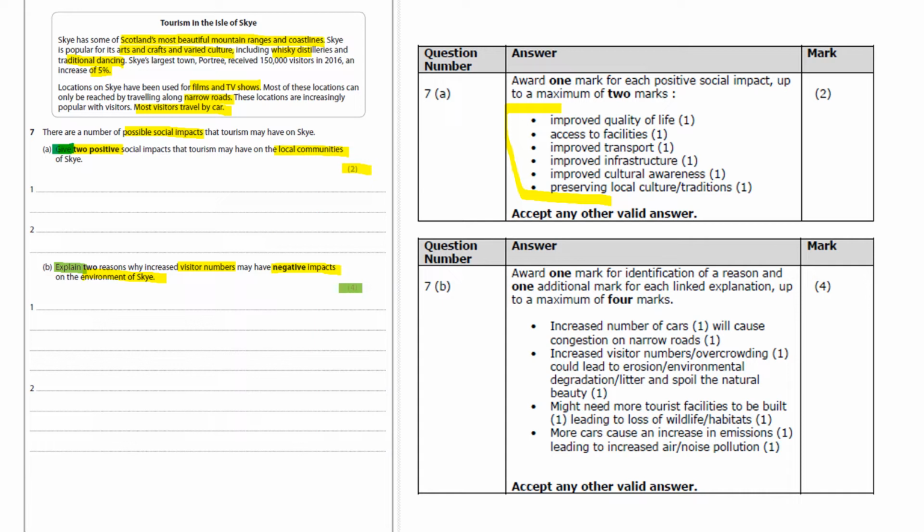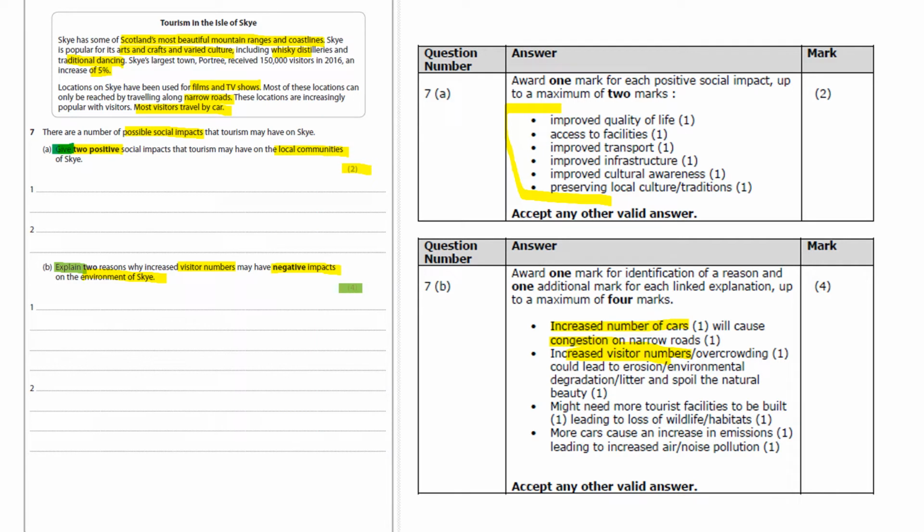With the mark scheme, the most obvious thing is that we know that tourists are coming by car, which means that there'll be increased car usage. If there's more cars, that's going to increase congestion. There'll be more tourists, so there'll be increased visitor numbers.